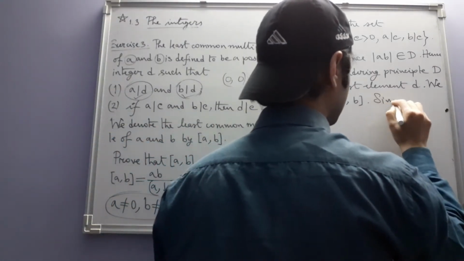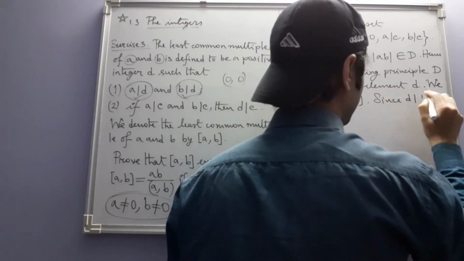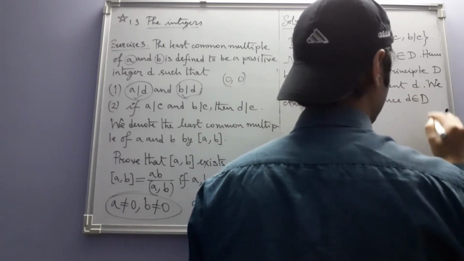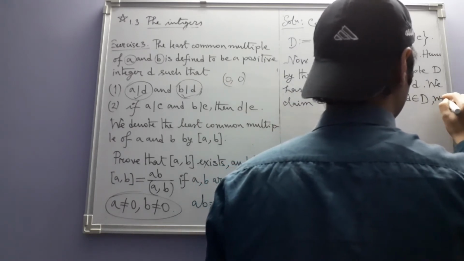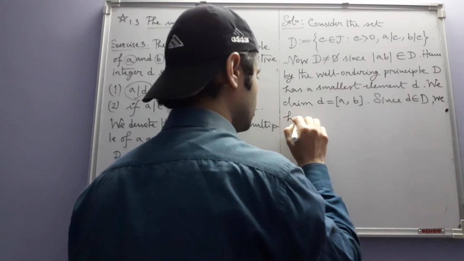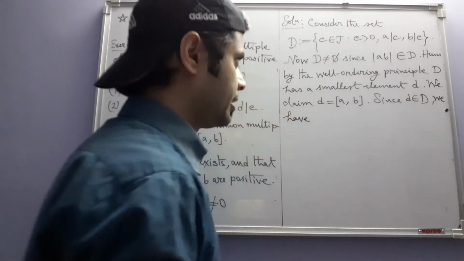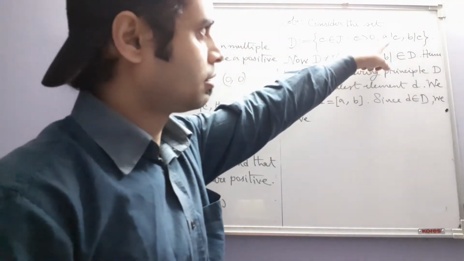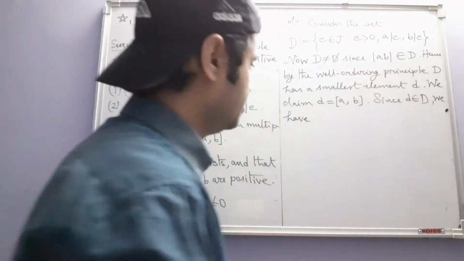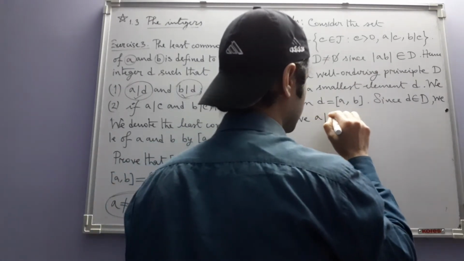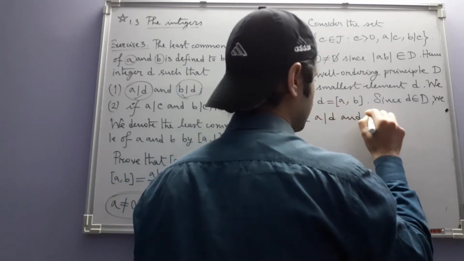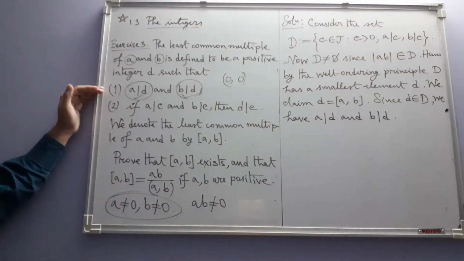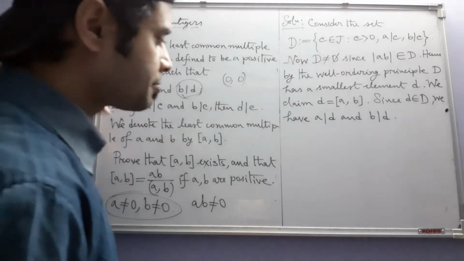Since d belongs to D, we have, just from the fact that d is the smallest element of D, since it is in D, it is divisible by both A and B. So the first condition comes just like that.